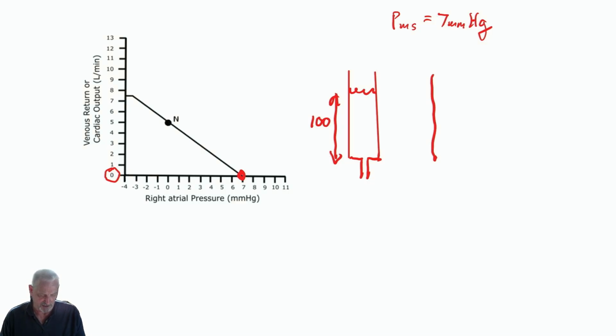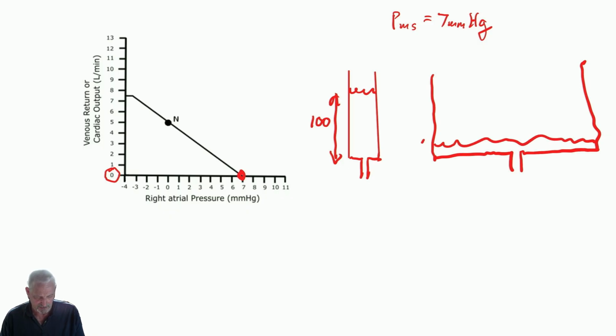On the other hand, if we look at the venous side of the circulation, we find that the pressure of the right atrium is about 0 millimeters of mercury, which we conclude is atmospheric.